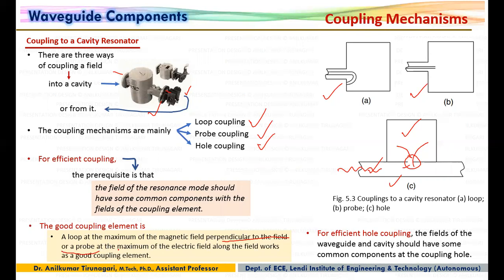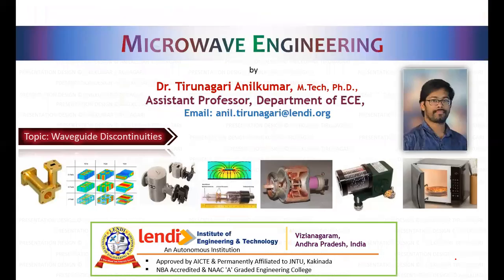Then only are the loop and the probe known as good coupling elements. Then what about hole coupling? Efficient hole coupling is nothing but the fields of the waveguide and the cavity having some common components at the coupling hole. So this is all about the coupling mechanisms.